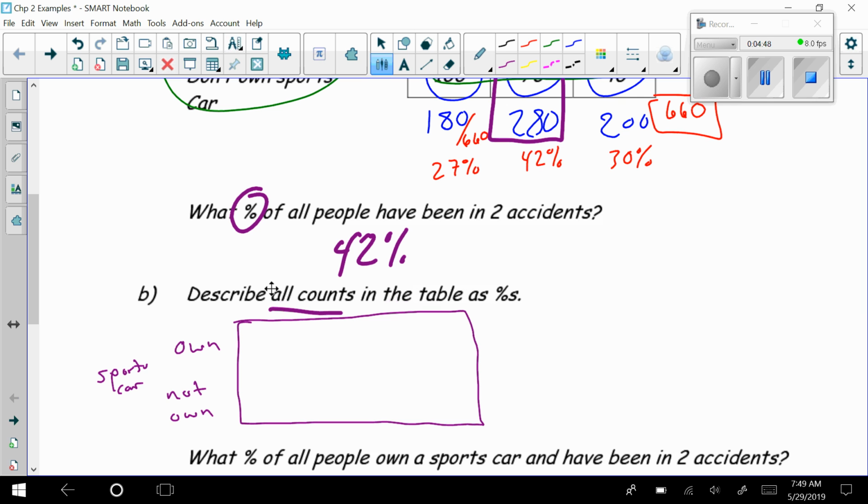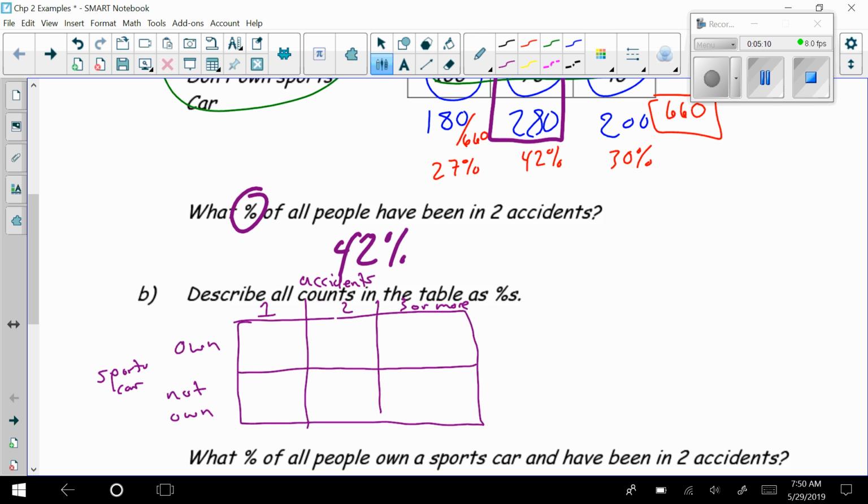And then up here, what columns do I have? Well, I have a 1, I have a 2, and I have a 3 or more. I'm creating this table here, and I haven't given myself a ton of room, but up here this is accidents.